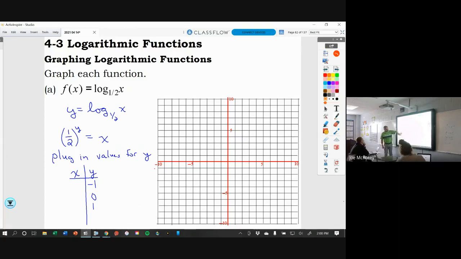Plug in -1 for y. 1/2 to the -1 power means you flip it, the reciprocal. It's just 2. I will plot the point 2, -1.